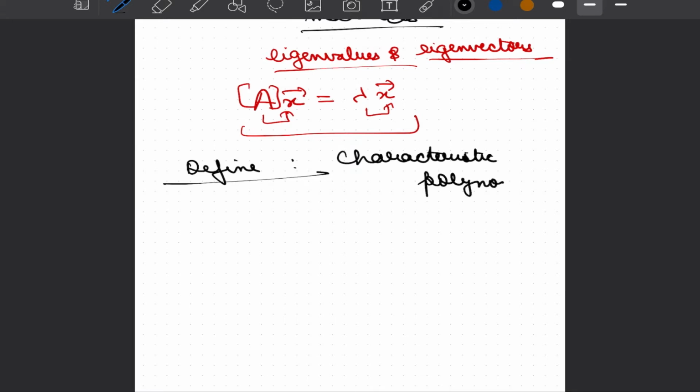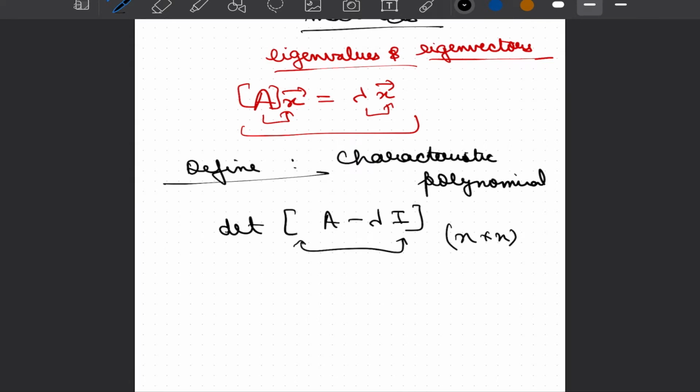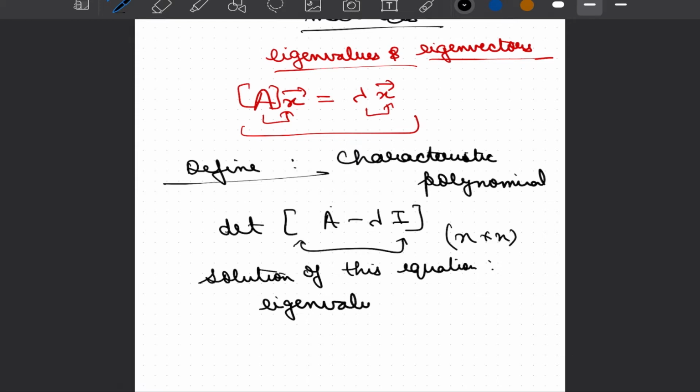The definition says that the characteristic polynomial can be written as the determinant of A minus lambda I. If A is an n cross n matrix, we would essentially be solving for n roots, and the solution of this equation, whenever we equate it to 0, represents the eigenvalues.